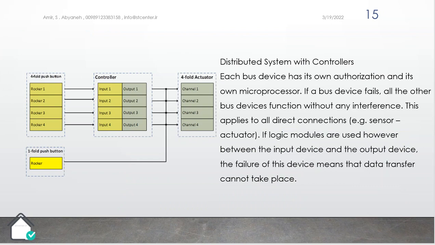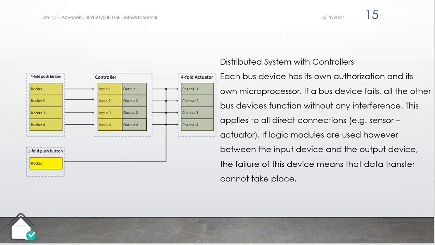The next concept in fail-safe planning is to distribute the system with controllers. What does it mean? For example, you have a touch panel in a room, and you control the whole room with only the touch panel. But KNX says it is better to also have a push button in combination with the touch panel.